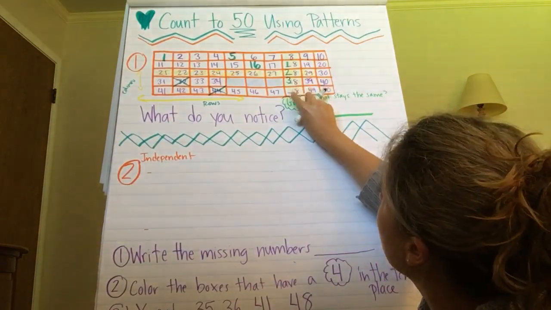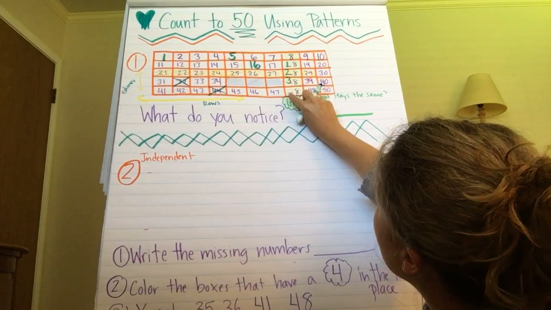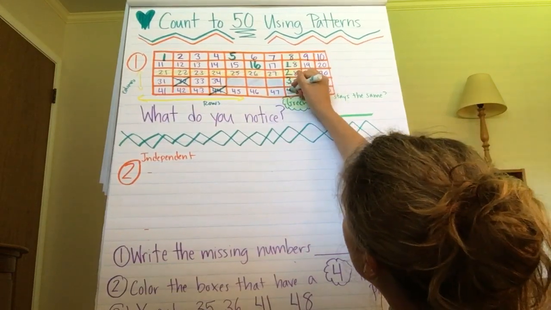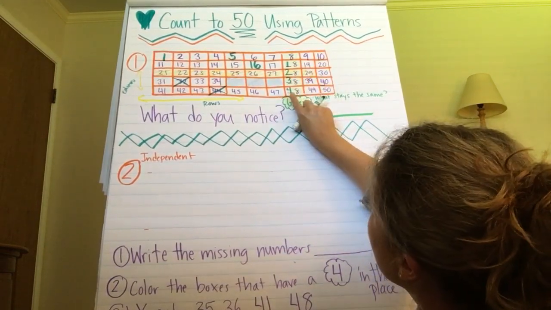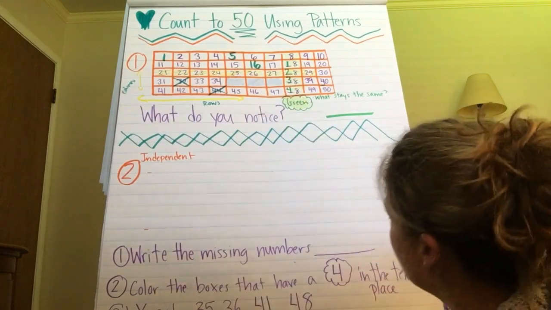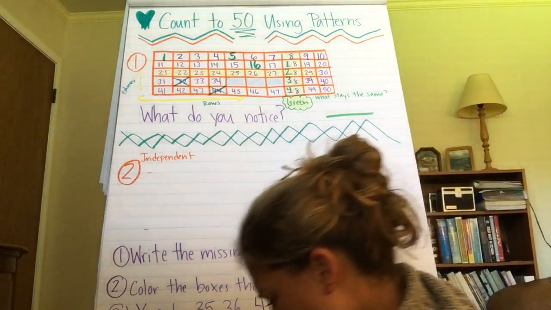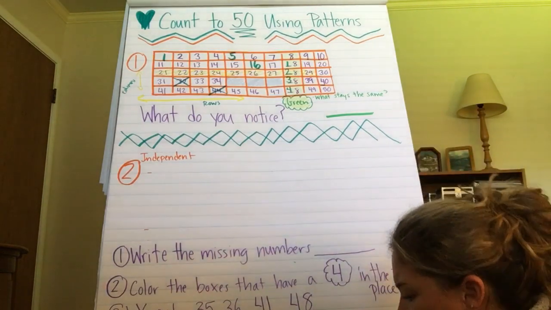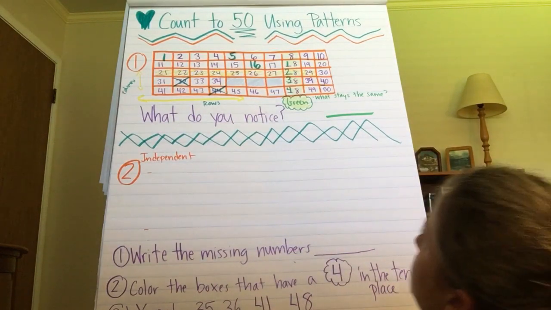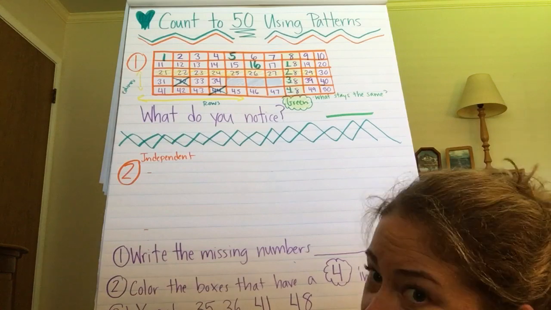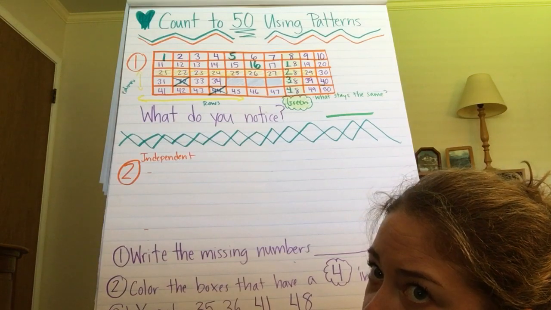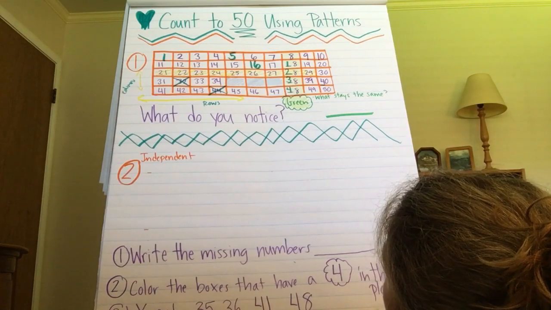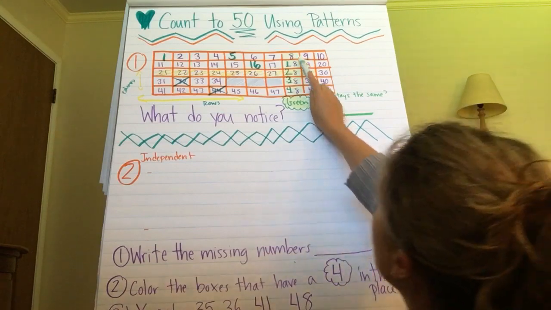38. What about here? 1, 2, 3, 4. To make what number? 48. Very good. Friends, what pattern do you notice there? What pattern do you notice in the green column? Kind of gave it away as I was counting, didn't I? What do you notice about the numbers in the ones place?